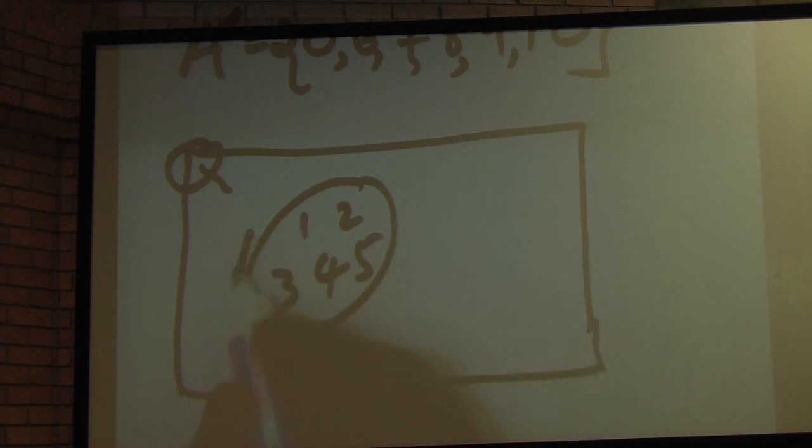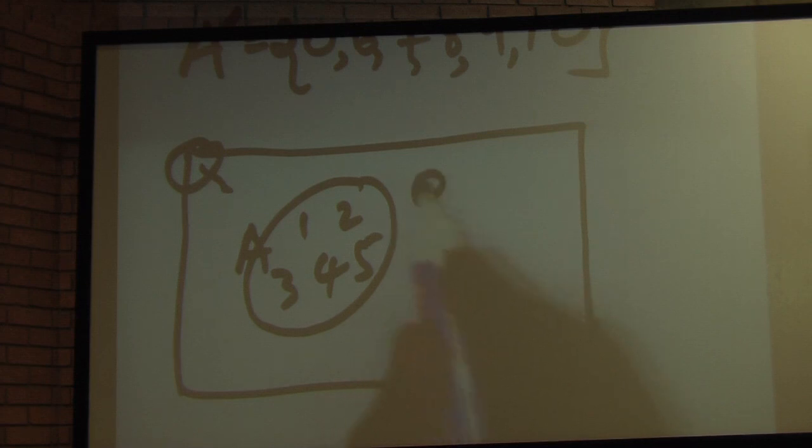So the elements of A, I would have A like that, with the elements 1, 2, 3, 4, and 5 in it, and write our set A here. Since we have represented A, there are elements in Q, the universal set, that are not in A, and those elements are represented outside A. Therefore, this would be 0, 6, 7, 8, 9, 10.